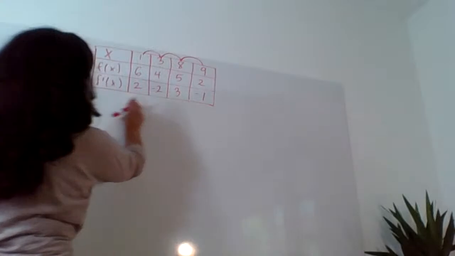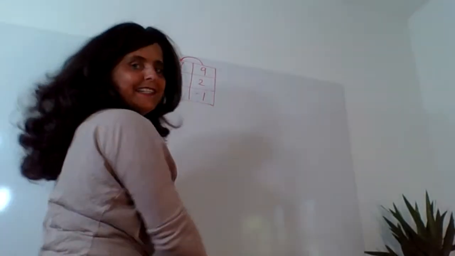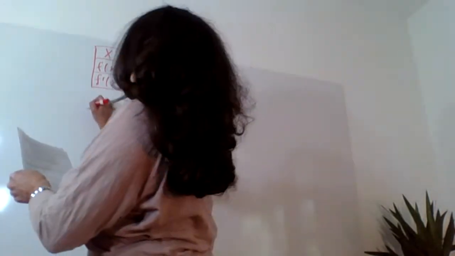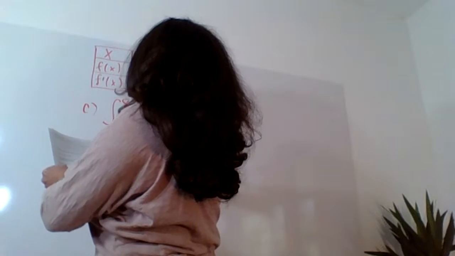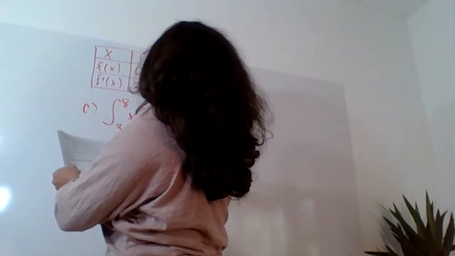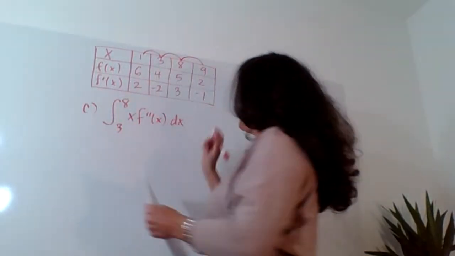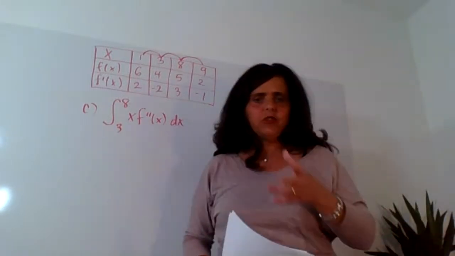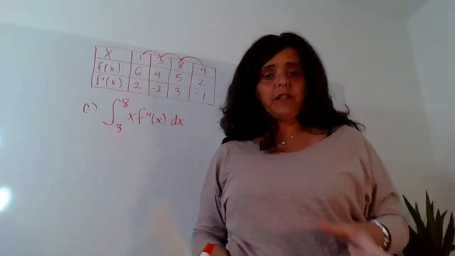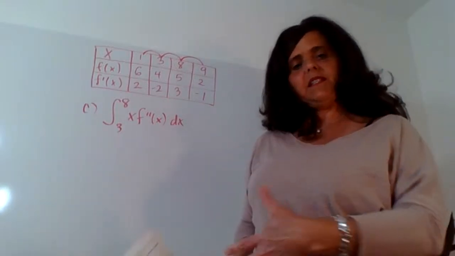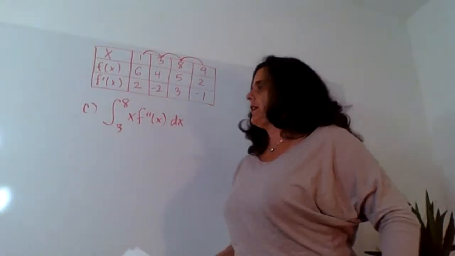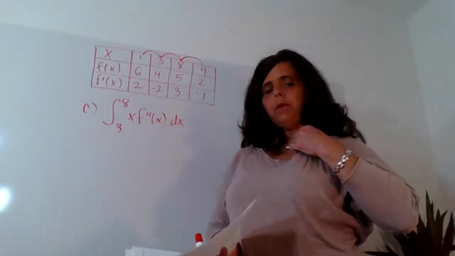We have to remember ultraviolet voodoo, right? Ultraviolet voodoo. Okay, so for the integral, it's from 3 to 8, x times f double prime of x dx. Now remember, we did have a mnemonic for choosing which expression to let equal u and which one to be dv. And we really can't use this here because we don't know what f double prime looks like.